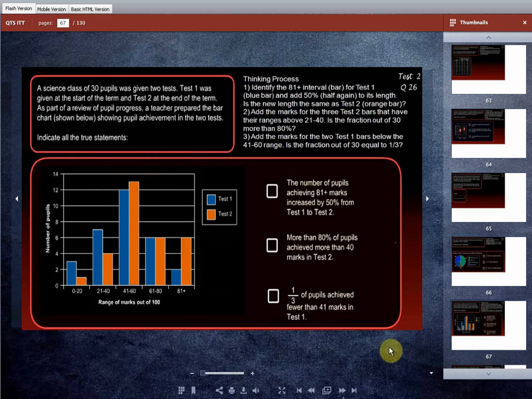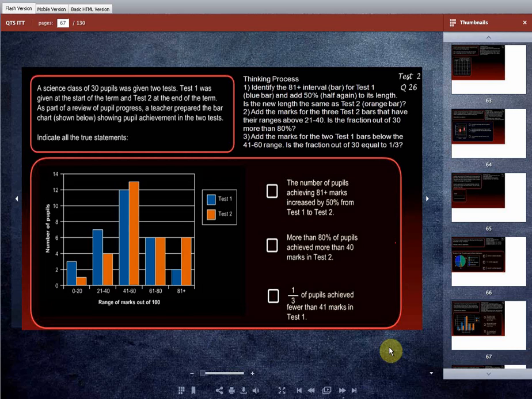Test 2, question 26. A science class of 30 pupils was given 2 tests. Test 1 was given at the start of the term and Test 2 at the end of the term. As part of a review of pupils' progress, a teacher prepared the bar chart showing pupil achievement in 2 tests. Indicate all the true statements.